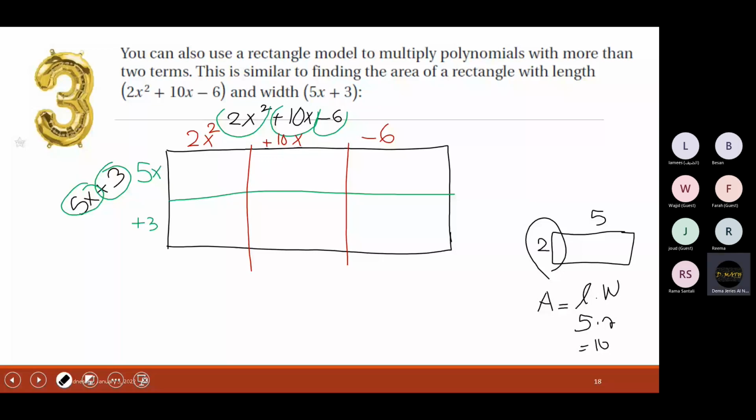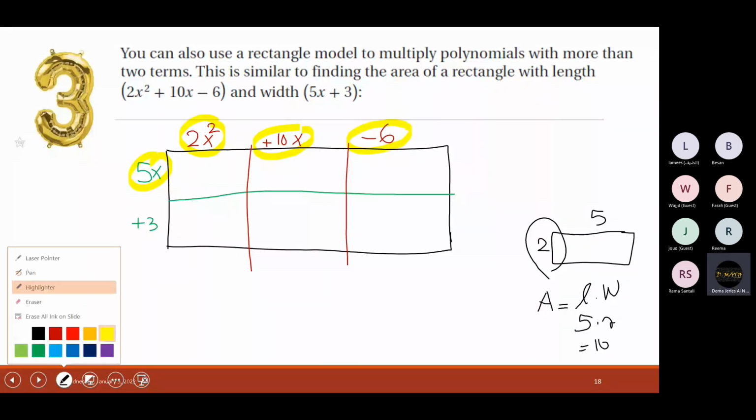Then, the second step, I will multiply 2x squared first with 5x, then 10x with 5x, then negative 6 with 5x. Let's go with them one by one.